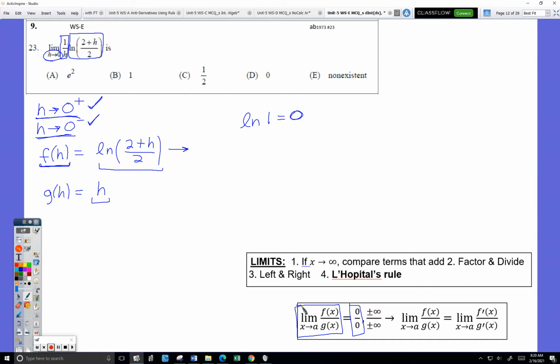We need to find f prime, we need to find g prime. G prime is extremely easy because it's just h. So it's going to be dh over dh, which is 1. To find the derivative of f, you have to remember the ln rule.